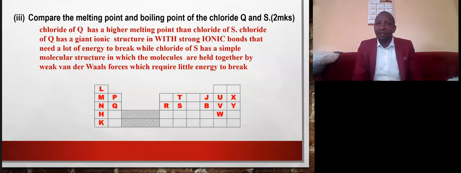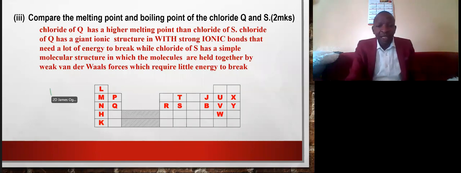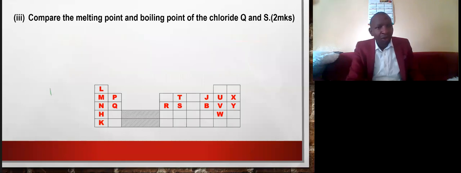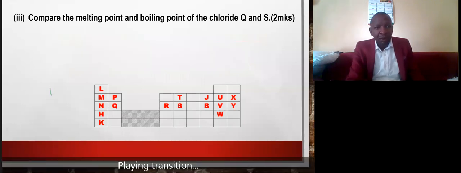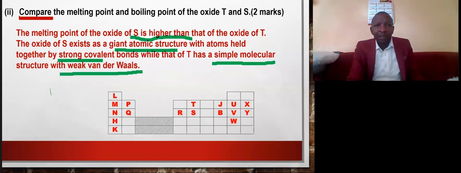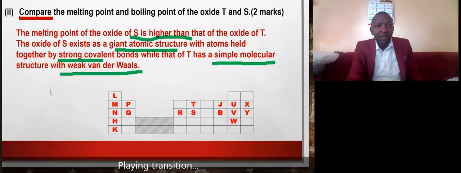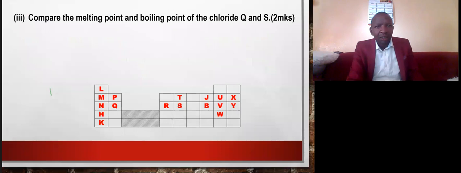Are you getting the concept right? Excuse me, sir. Before you explain this point, can you go back to the other question so that you can screenshot the answer? No problem. This one. That one.